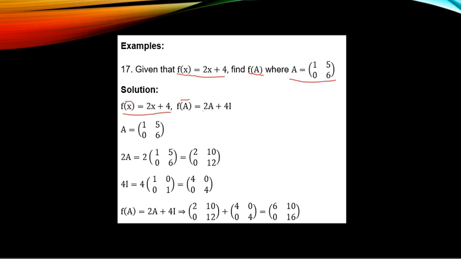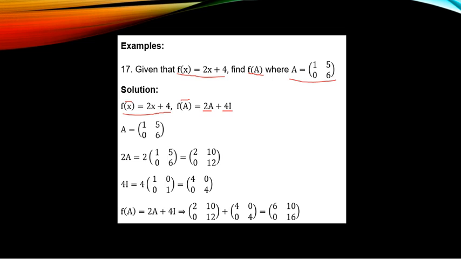So you have 2A, but 4 is a constant without s. As you replace s with A, you now attach the identity matrix of order 2 to constant 4, because matrix A is a 2 by 2 matrix. So you have 4 times the identity matrix.